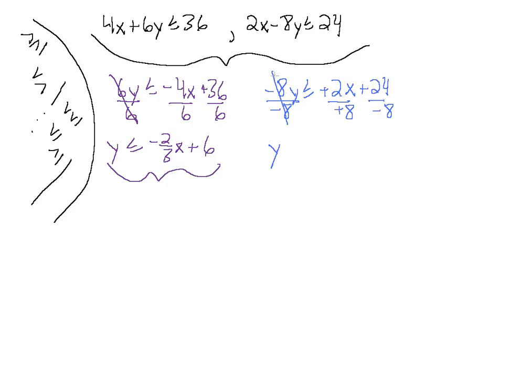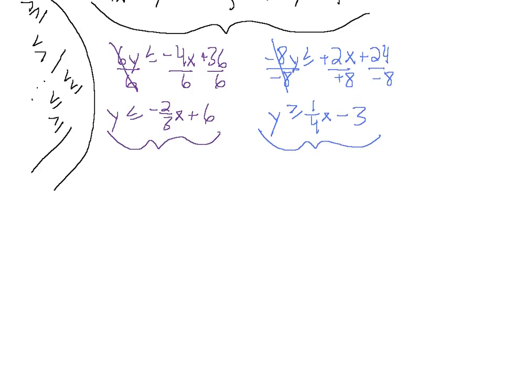And recall, whenever we multiply or divide by a negative number, we need to flip the sign. So this less than or equal to becomes a greater than or equal to. Very important, because we'll get the wrong intersecting solution if we don't flip the sign. So 2/8 becomes 1/4 times x, minus 24 over negative 8 is a negative 3. So this is the slope-intercept form of our two linear inequalities.